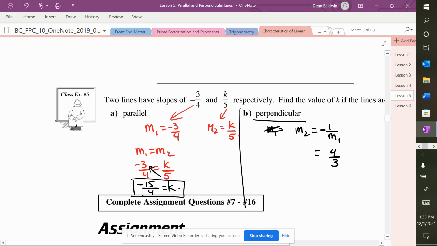And if I put a negative in front of it, what happens to the negative that's already there? It goes away. So now I have M2 is equal to 4 over 3, which is k over 5 is equal to 4 over 3. How do you solve for k? Multiply that 5 up. k is equal to 20 over 3.